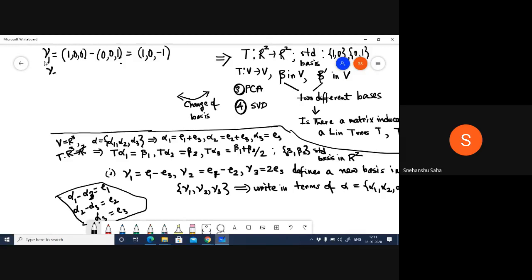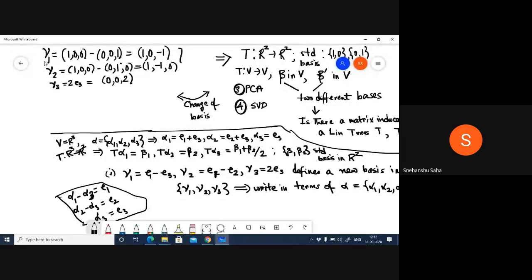Gamma 2 is E1 minus E2, so this is 1, 0, 0 minus 0, 1, 0, and that is 1, minus 1, 0. And gamma 3 is 2E3, so that is just 0, 0, 2.